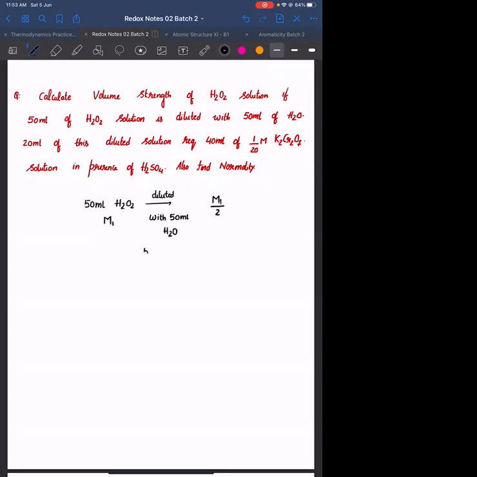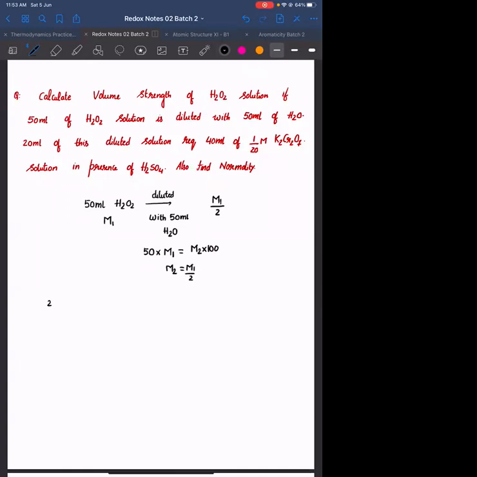How to calculate that? Initial moles of H2O2 is 50 into M1. This must be equal to final moles, which is M2 into 100. So M2 is equal to M1/2. Agreed?